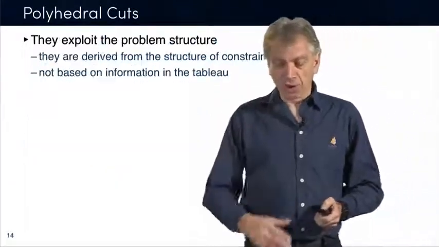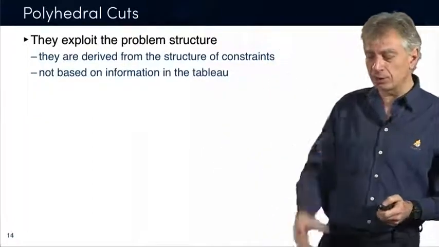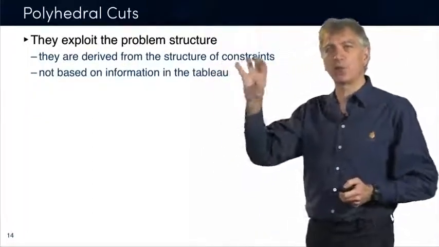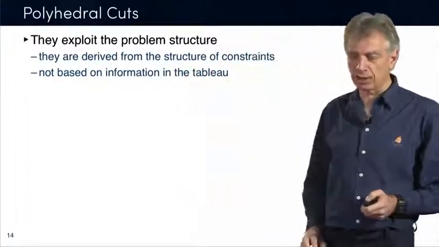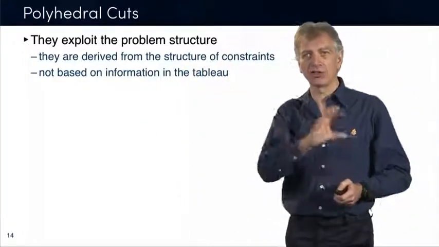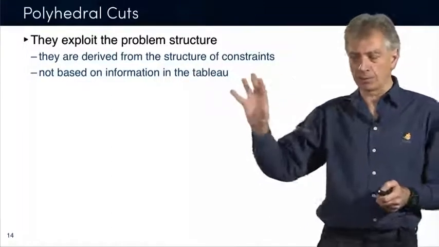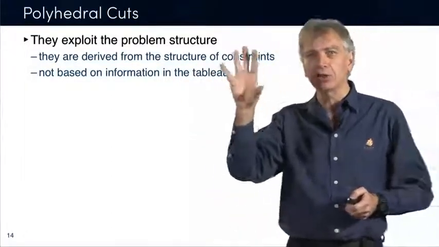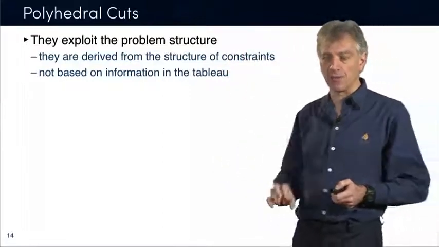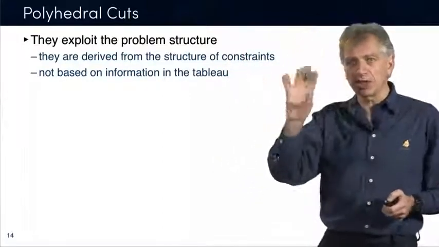Okay, so why are these polyhedral cuts very interesting? Because they are exploiting the problem structure. In that sense, they are completely orthogonal to the syntactic cuts that we saw in the last lecture, which were based on the tableau. So basically what we're going to do here is look at specific constraints or specific properties of the problem and then generate these polyhedral cuts.